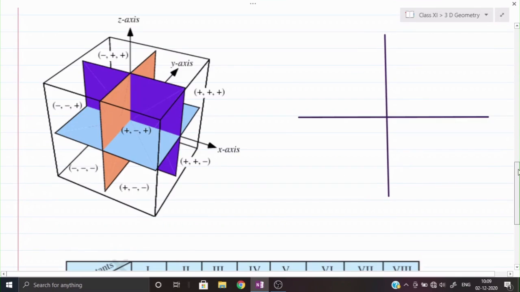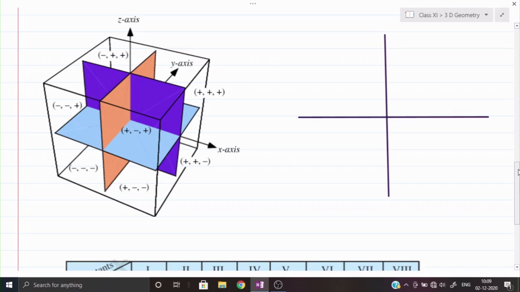See it properly. In front we will see 4 equal parts, and at the back side of the z axis you can see again 4 parts. So the three-dimensional plane has a total of 8 parts. In the Cartesian plane there are 4 quadrants, but here there are 8 parts, and these are called the 8 octants.